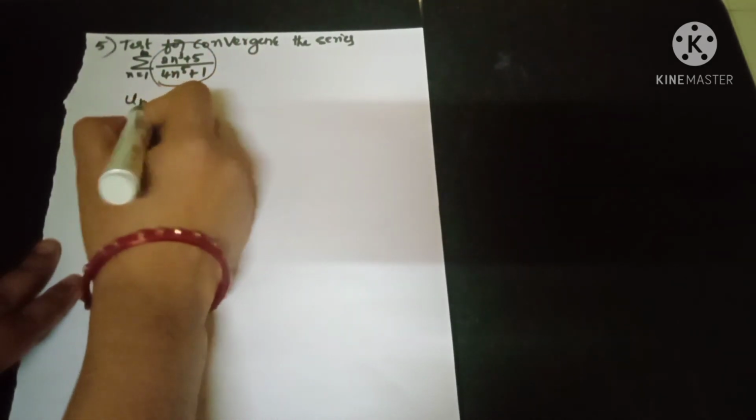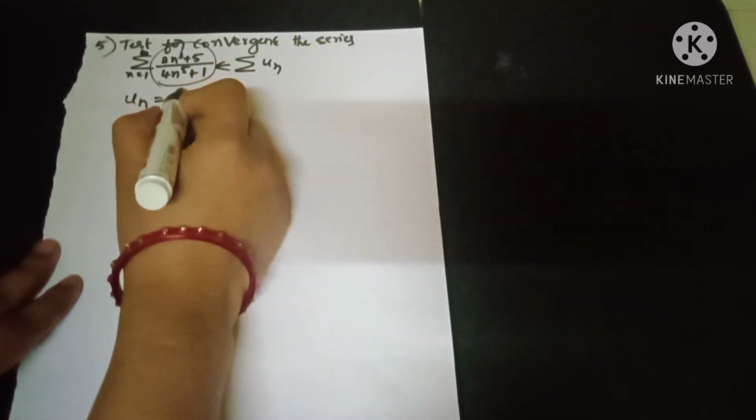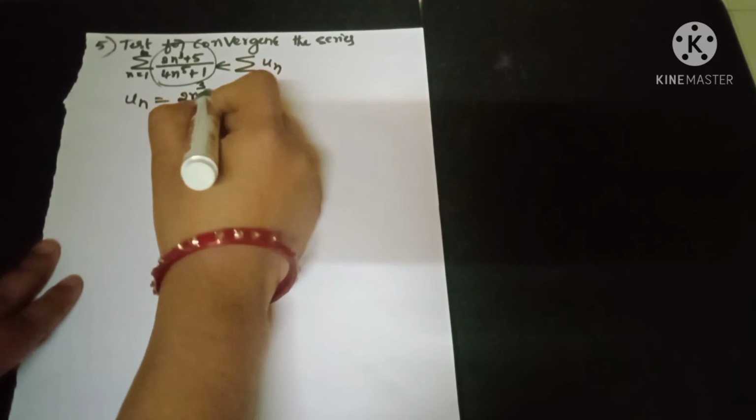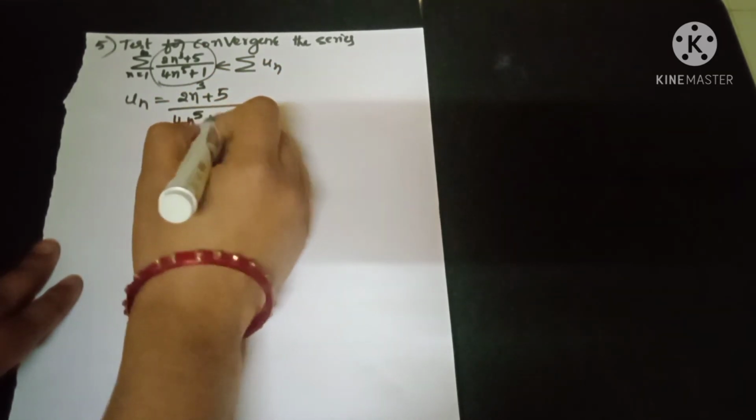The series sigma 2n cube plus 5 upon 4 n to the power of 5 plus 1, we will take this as un. This is the series sigma un. So un will be 2n cube plus 5 upon 4 n to the power of 5 plus 1.